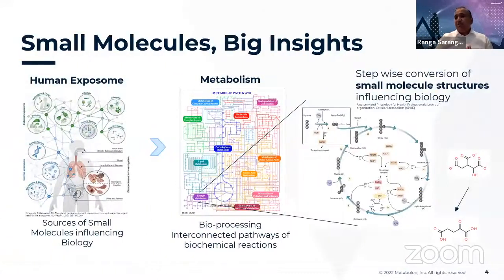So just to level set for people who might not know what metabolomics is, metabolomics basically refers to all small molecules. The simplest example I can give is when we are talking about glucose measurement using one of those glucometers. Glucose is one of the molecules which would be considered a metabolite.